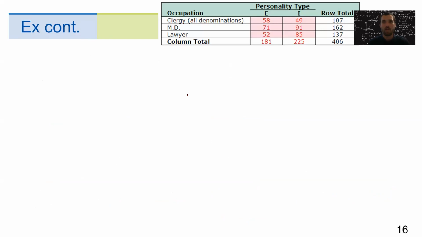Now, this is going to take a little bit of work here. I've got these different cells here: 58, 49, 71, 91, 52, and 85. 6 cells here. Cell number 1.